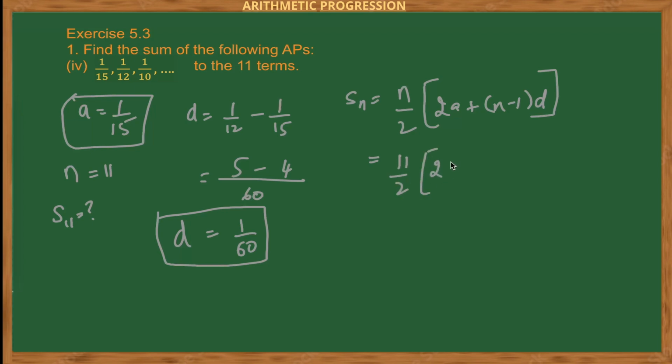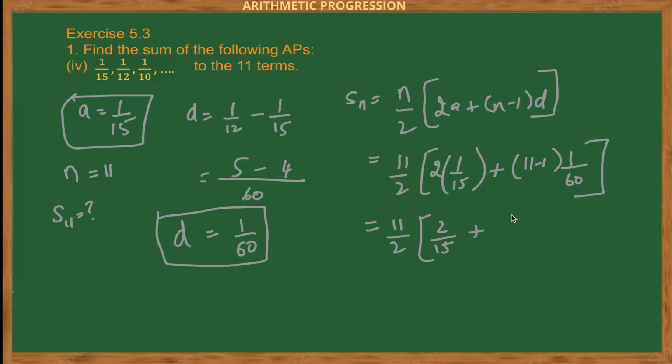What is a? a is 1 by 15 plus n minus 1, that is 11 minus 1, into d. d is what? 1 by 60. 11 by 2, 2 by 15, plus 11 minus 1 is 10. Okay, 10 into 1 by 60.